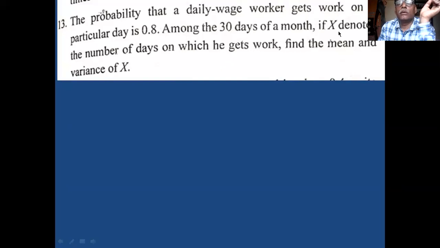Among 30 days in a month, if X denotes the number of days on which he gets work, find the mean and variance. They asked to calculate mean and variance. So tell me, what is the p value in the problem?